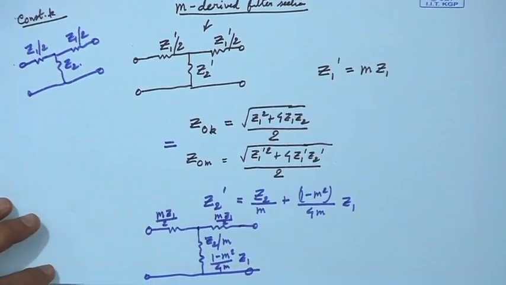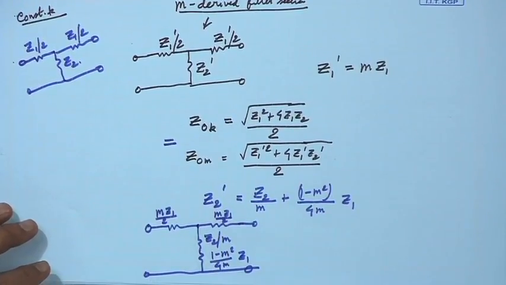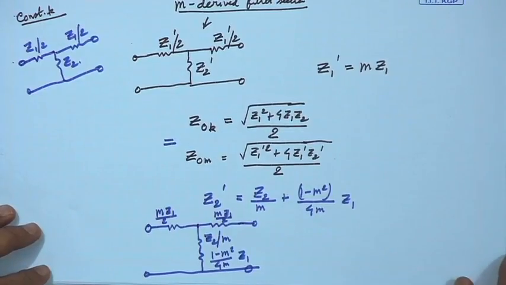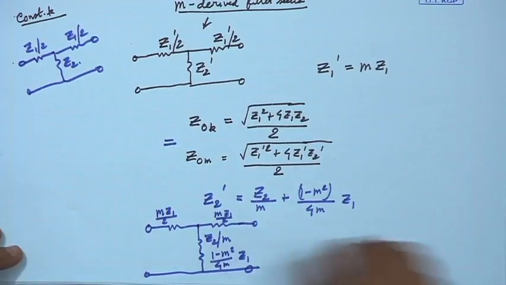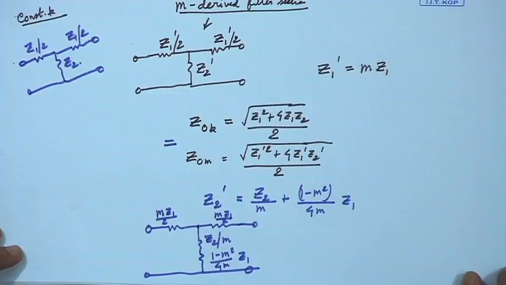So, it is a series circuit in the shunt arm. So, this is the new design.